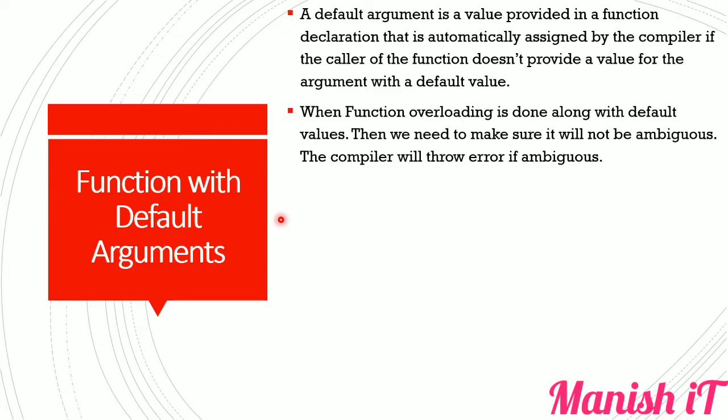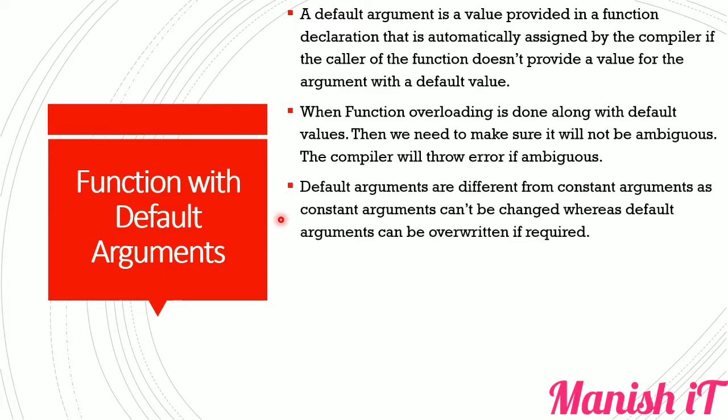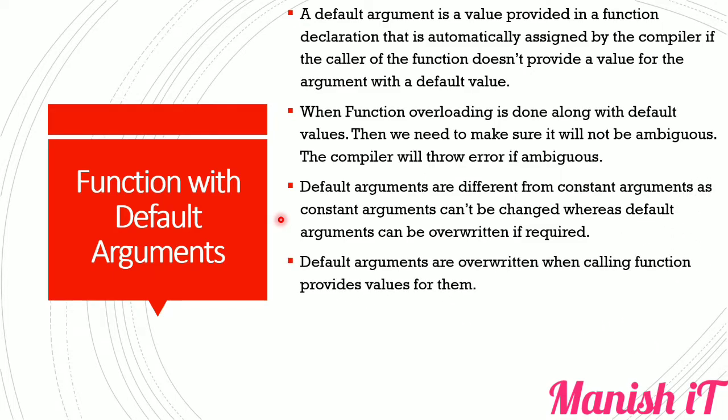The compiler will throw an error if it is ambiguous. Next, default arguments are different from constant arguments, as constant arguments cannot be changed, whereas default arguments can be overwritten if required. Default arguments are overwritten when the calling function provides values for them.